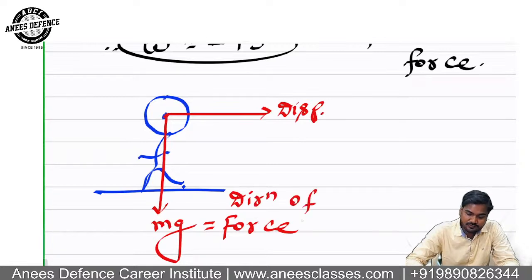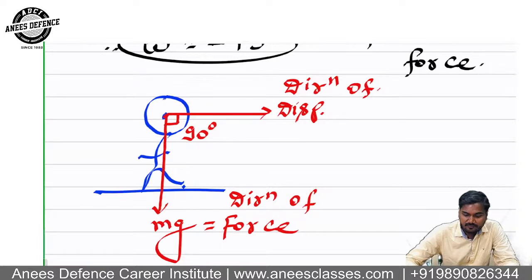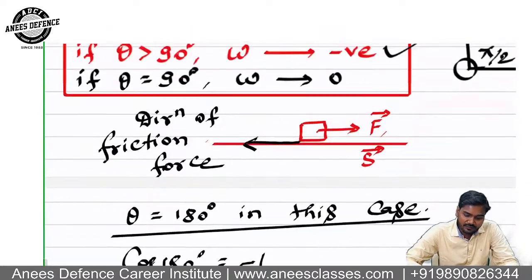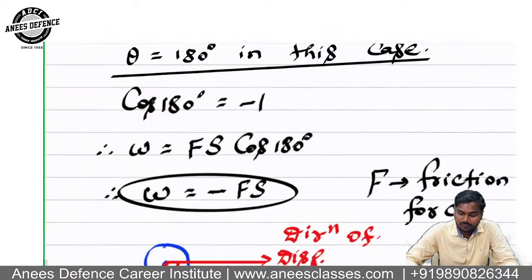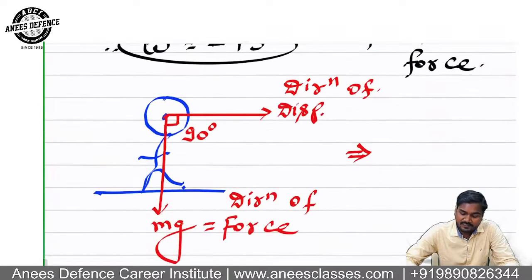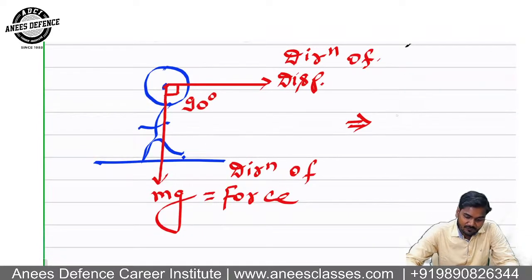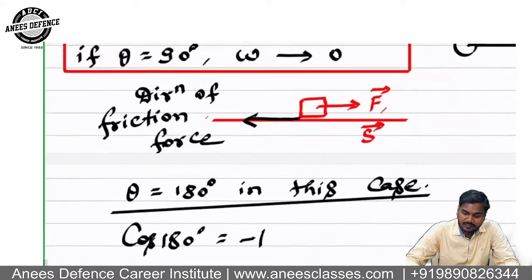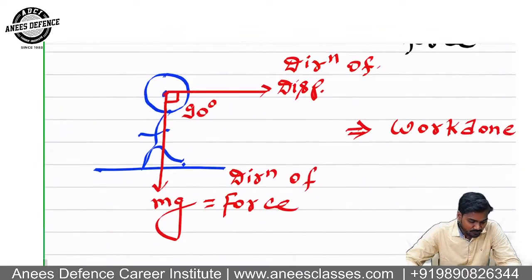The angle is 90 degrees, so according to the rule, when theta is 90 degrees, work done is said to be zero.